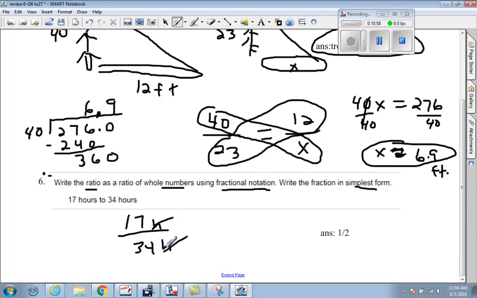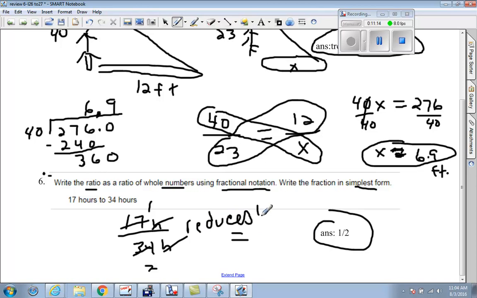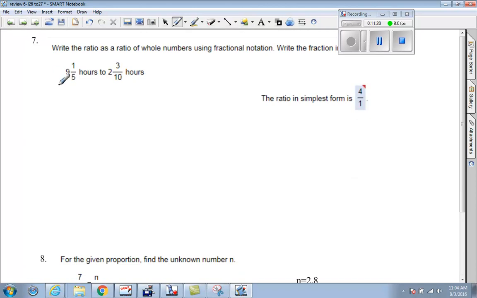Yes, but the units cancel, and then so happens 17 out of 34 reduces, right? 17 goes into itself once, and 17 goes into 34 twice, so we are arriving at 1/2. So note to self, make sure you reduce. Okay, cruising right along.